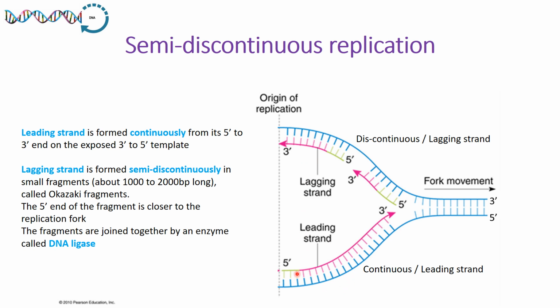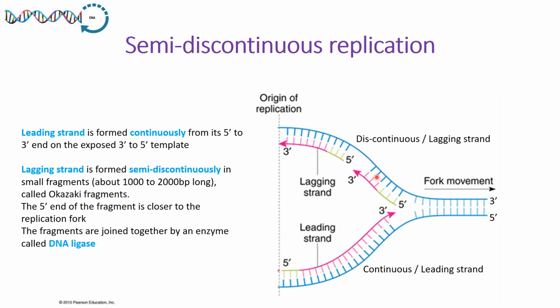So on the one strand, the leading strand, your DNA can very easily form from the 5' to the 3' because as the replication fork moves and more nucleotides are exposed, it can just add more bases onto the 3' end. That's simple enough. But on this strand that we see here, the 5' end is not exposed all at one go, right?